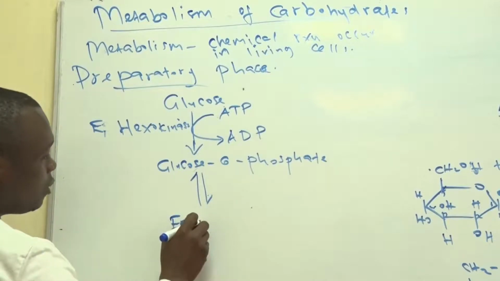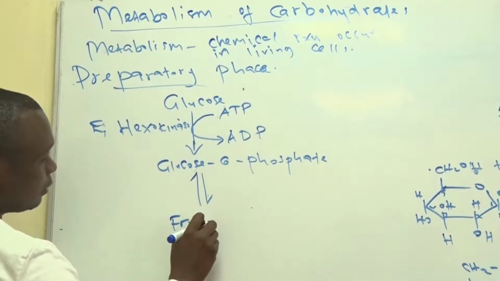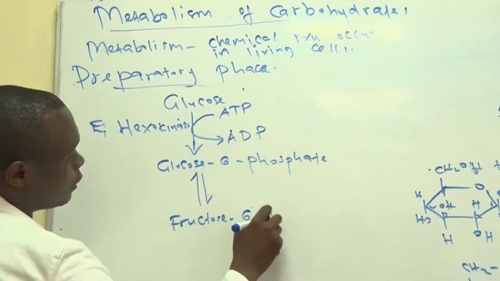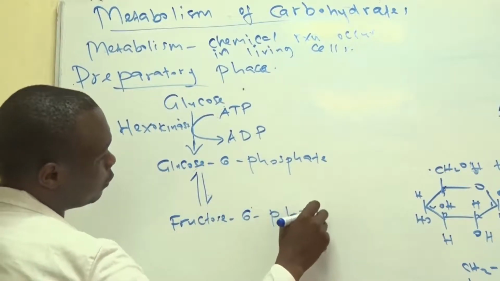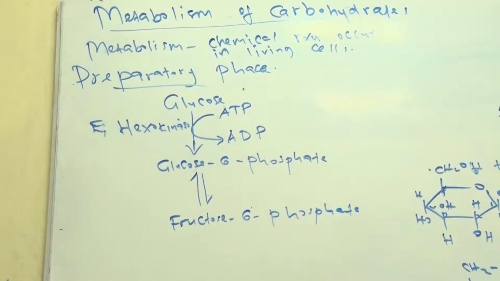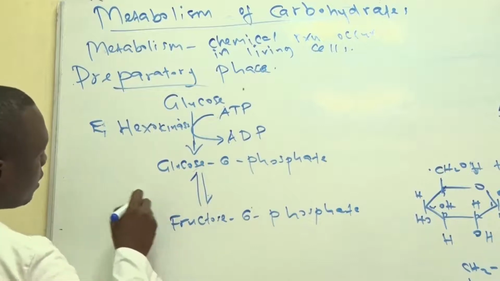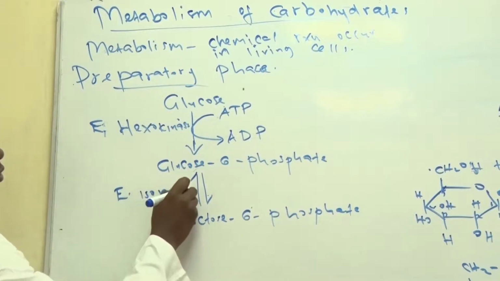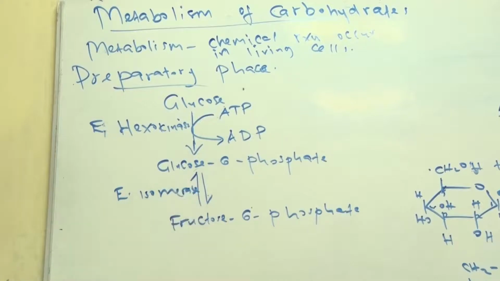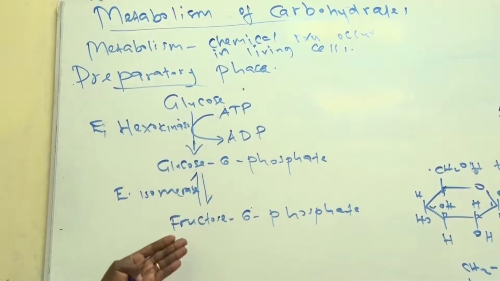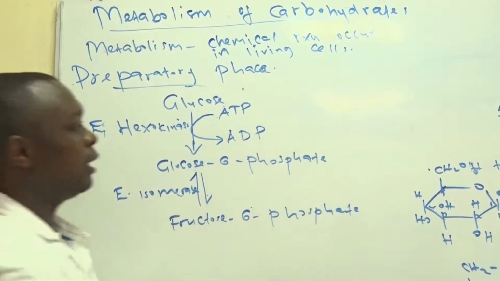So there is a change of the structure of the sugar, fructose 6-phosphate. The enzyme involved is called isomerase enzyme. So we are interchanging the phosphate between a glucose sugar and a fructose sugar.